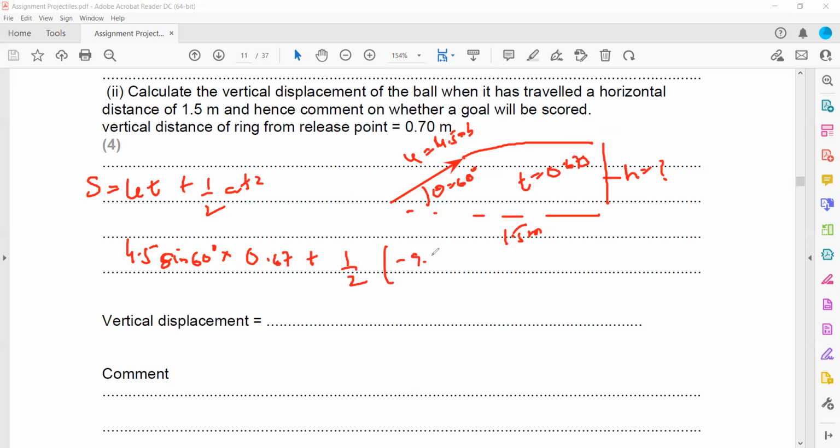Acceleration is due to gravity, it's moving against gravity, so minus 9.8, and time is 0.67 squared. So when we simplify this, the vertical displacement will come out around 0.41 meters.